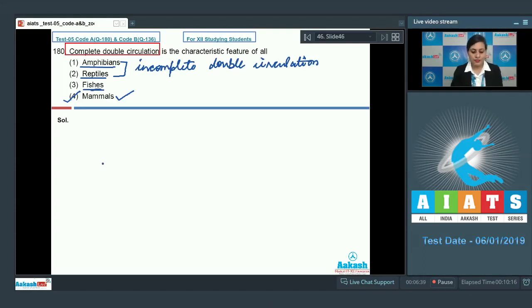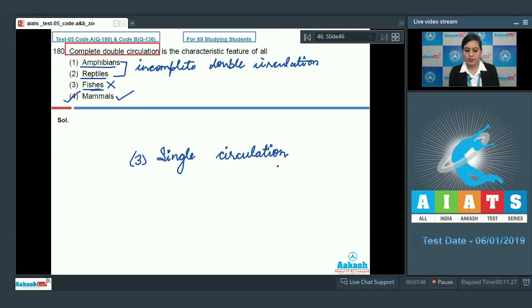Whereas fishes, this is an incorrect option because fishes have single circulation and not double circulation. So the correct answer to this question is option number 4.